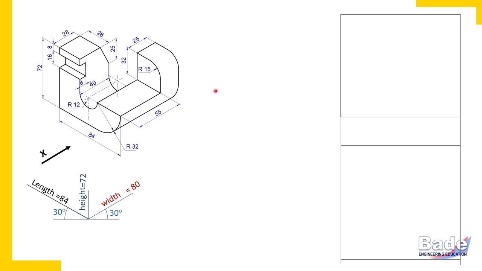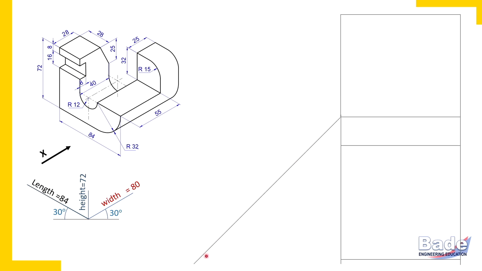Tell me, which two dimensions you get in the side view? Correct. Height vertically and width horizontally. So width already we have measured in the top view. Now this width we should measure horizontally here. So let's do that.